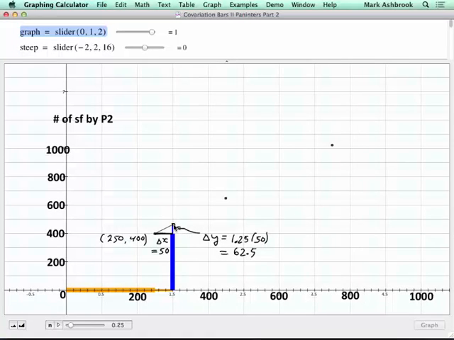So the new value of y equals the old value of y plus the little change in y. So that new point is 300 and the old y plus the change in y, 462.5. That's this point right here.